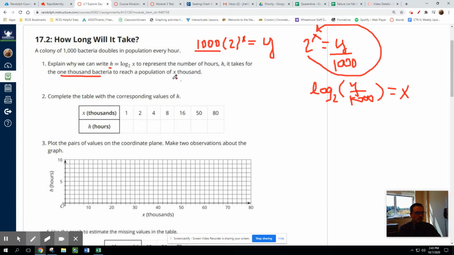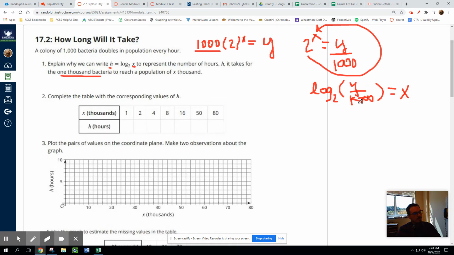Y over 1,000 would then translate to this x, because it's 1,000 bacteria to reach a population of x thousand. I know, very complicated, but that could be explained by just solving it through.